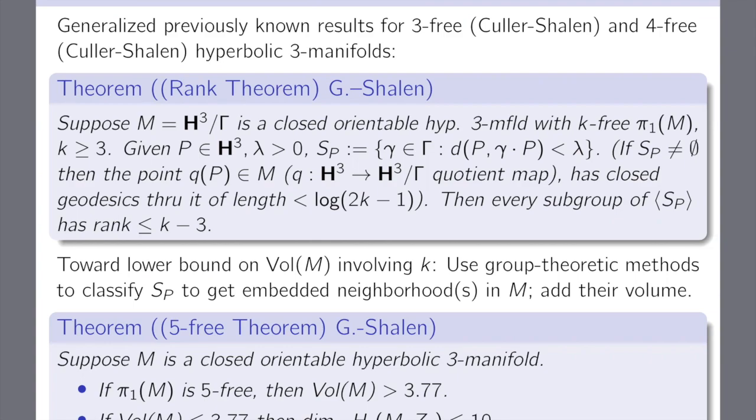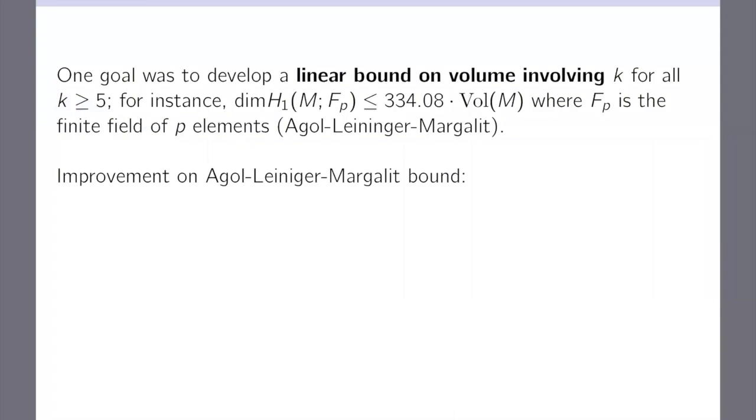It says something about the fact that the rank of every subgroup of the group that's generated by elements of the isometry group that move a certain point distance less than log 2k minus 1, every one of them has to have a rank that's bounded. It's kind of hard to extract geometric information there, though, so still working on that one. But the 5-free result was an improvement.